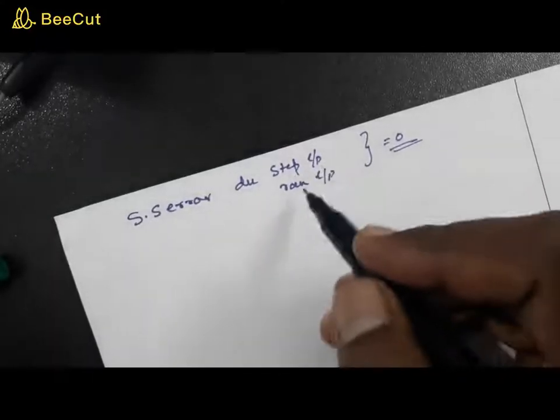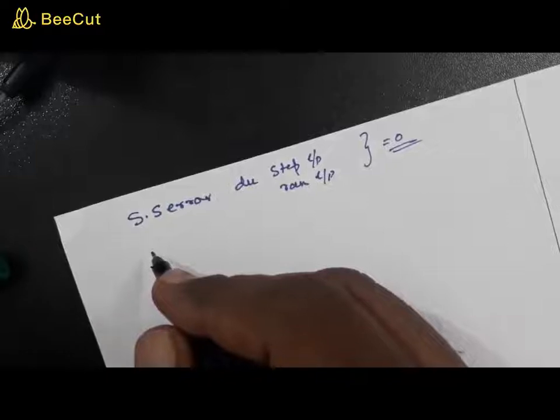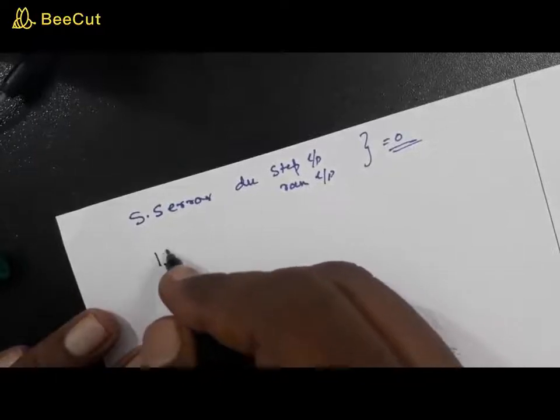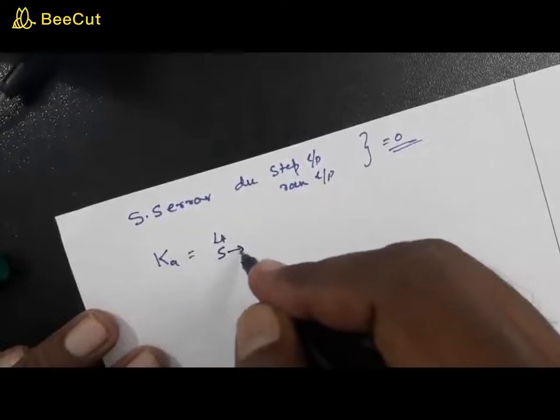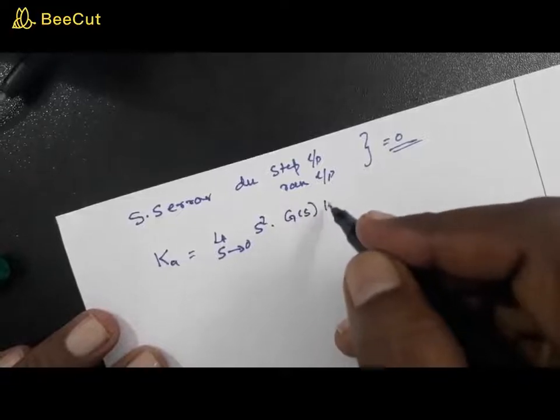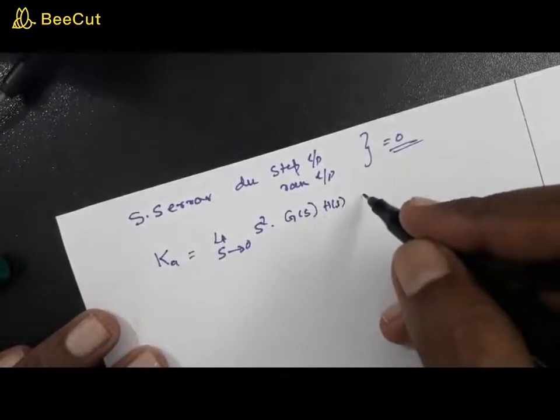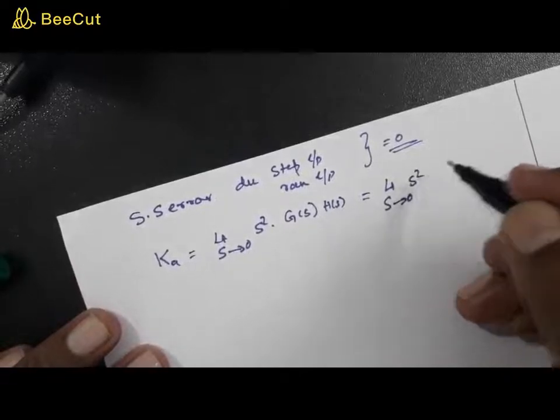So for these inputs the steady state error is 0. That means there exists only one error coefficient, the acceleration error coefficient, which is given by limit s tends to 0 of s square into g of s h of s.